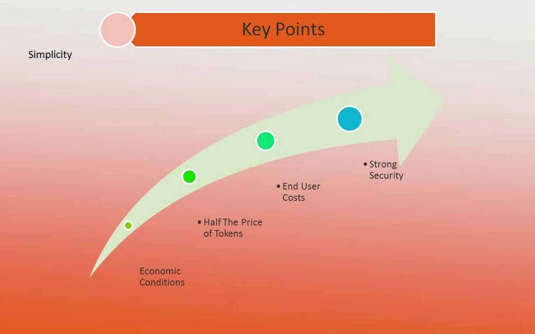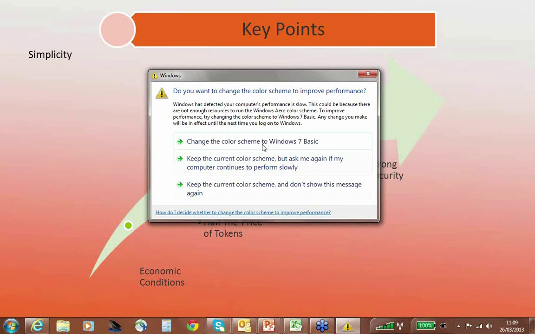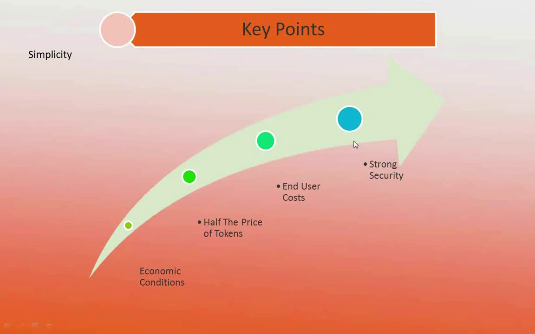That's notwithstanding or including the indirect costs which are associated with token-based installs, for example, the infrastructure, the high level of support calls, etc., etc. End-user costs are substantially lower, and fundamentally, on top of all this, it's all about security. SMS Passcode offers stronger security, which I'll take you through in my presentation.